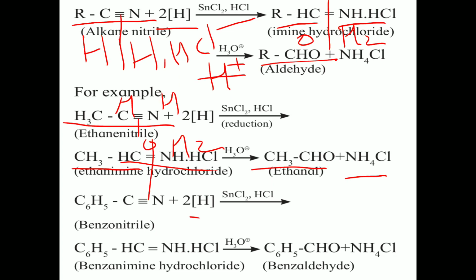For this, the triple bond is converted into the double bond, one hydrogen goes here and another hydrogen goes to this nitrogen and HCl is written next, so we get C6H5CH=NH·HCl. Then again it undergoes the hydrolysis reaction, with O and H2, and we get C6H5CHO, that means benzaldehyde, and then NH4Cl, that is ammonium chloride.